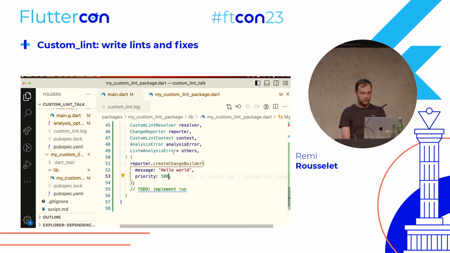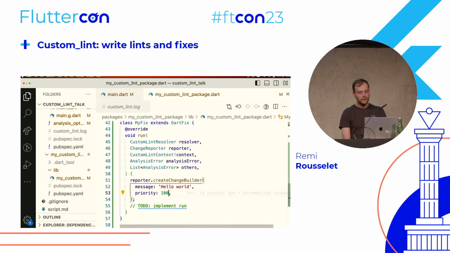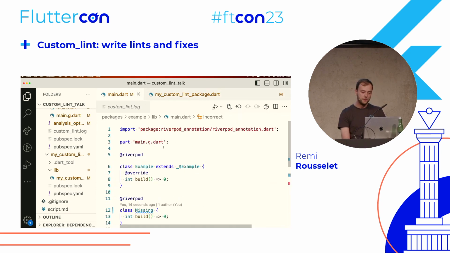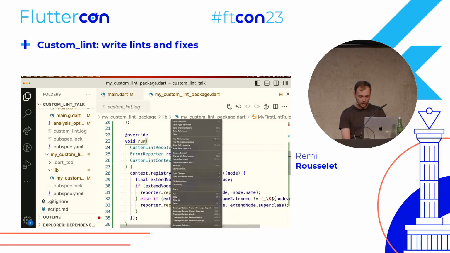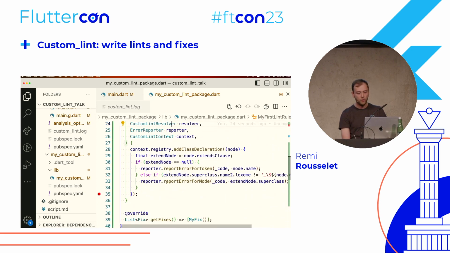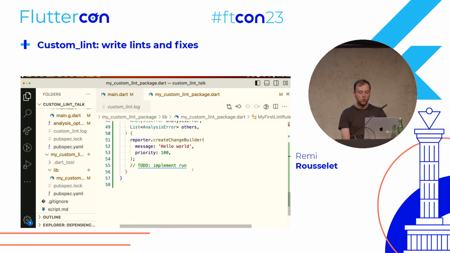So let's go one step further. We likely want to reuse a logic quite similar to what we've done in our lints here, where we want to define the warning, where we want to do the fix depending on whether there is an extends keyword on the class or not.